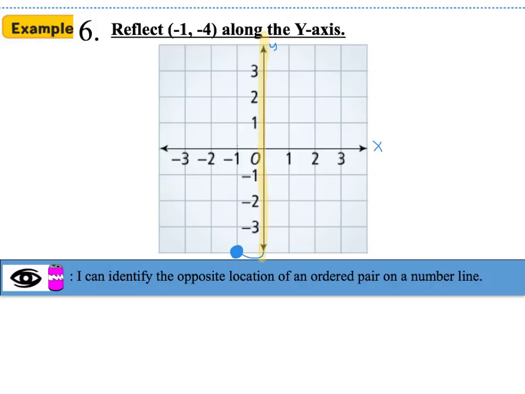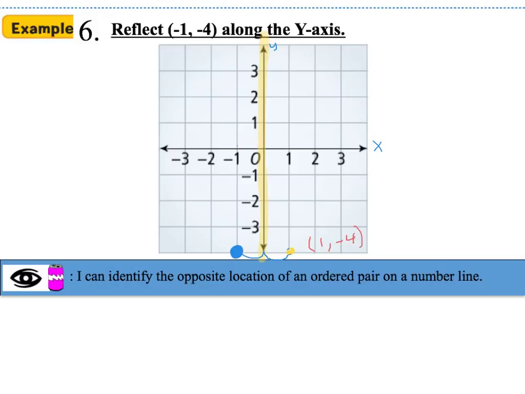So if I want to reflect on the y-axis, I want to make sure that I'm going to move one spot to the other side of the mirror. So this would be the reflection. And that point is the reflection. And that ordered pair would be 1, comma, -4.